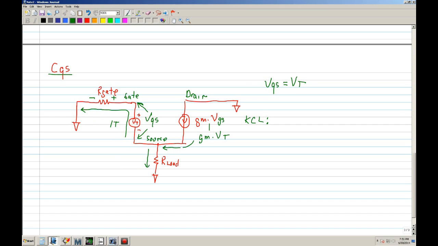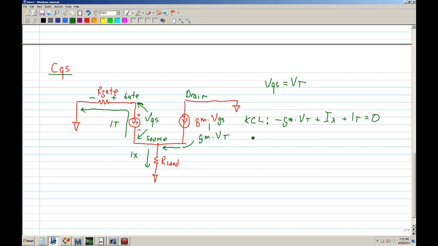So we will label this, or at least I can label that as IX. Typically the convention that I use is if current is leaving, I set it as a positive. Any current that is entering, I go as a negative. So I'll go with the negative first: negative GM VT plus IX plus IT equals 0.